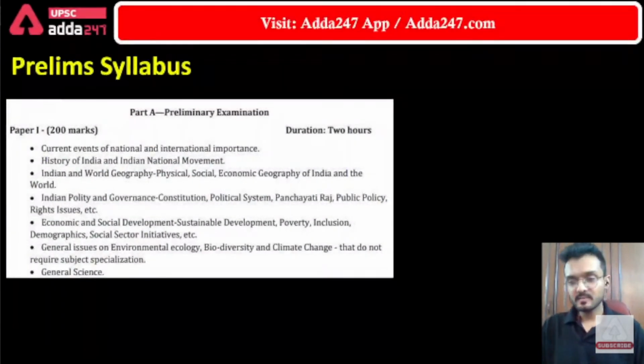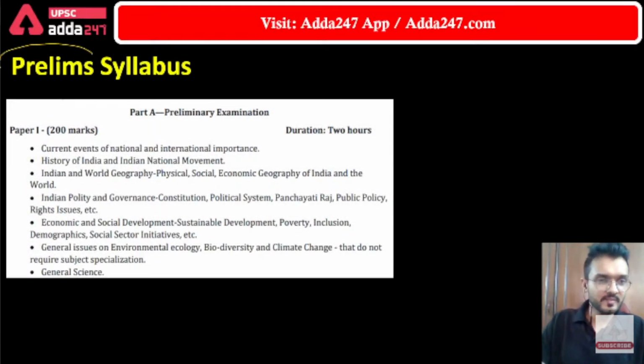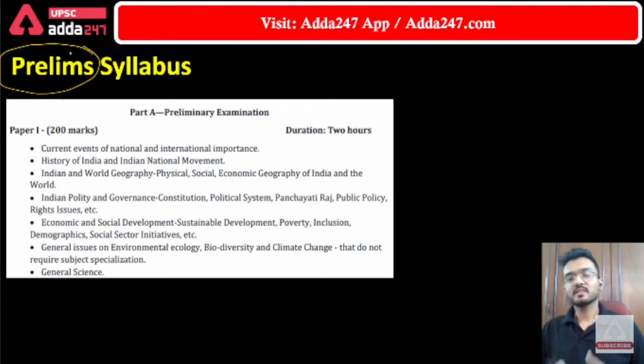Now we'll see the syllabus of the UPSC, and we'll try to decode it. For prelims, the UPSC has not explicitly defined the syllabus. If we see, it has just written the history of India and the Indian national movement. So the whole of the history of India is defined.